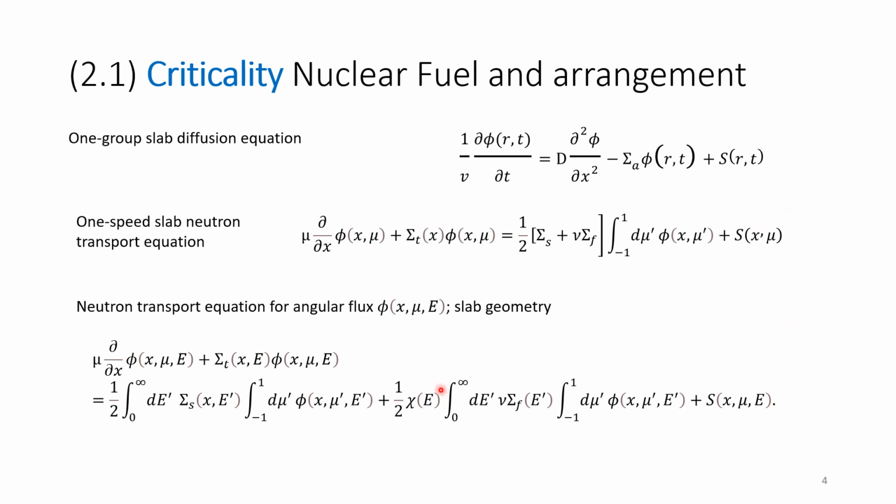And the next model of complexity is the neutron transport equation, where the flux is a function of x, mu, and E. In more detail, it would be a function of 7 independent variables. So here again, you can see an integro-differential first order equation with the left-hand side showing the outscattering terms and the right-hand side showing the in-scattering terms.